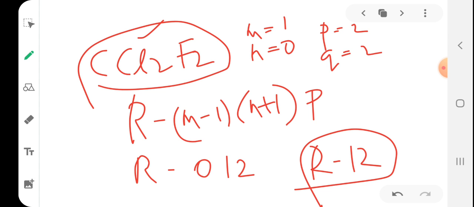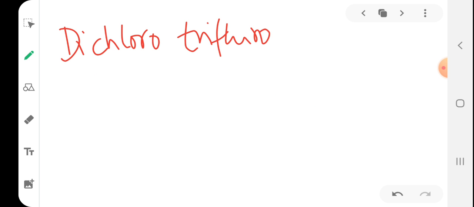So this is a saturated compound, right? And in the case of one more example I will tell you, dichlorotrifluoroethane. So can you write dichlorotrifluoroethane?